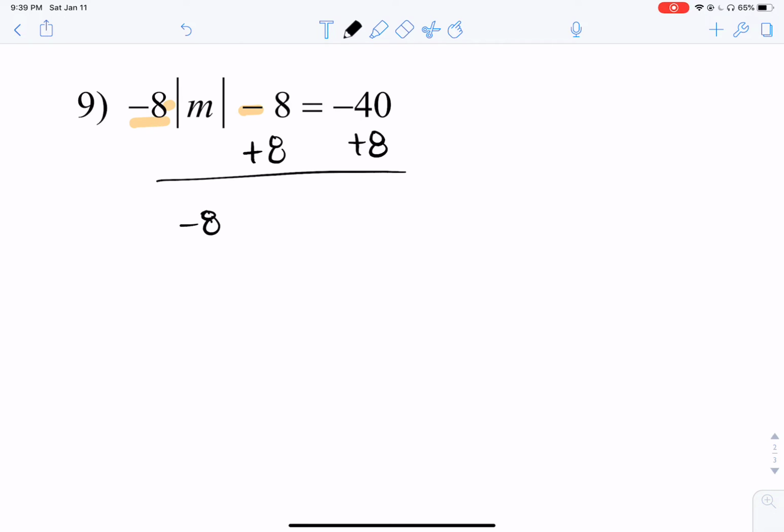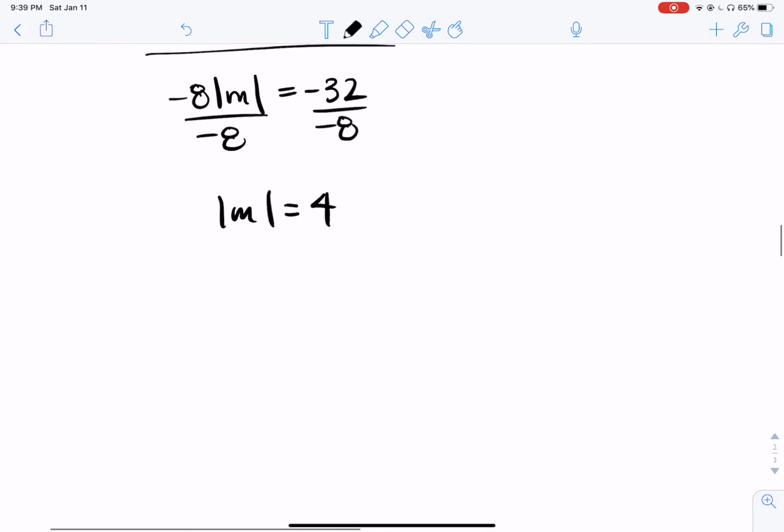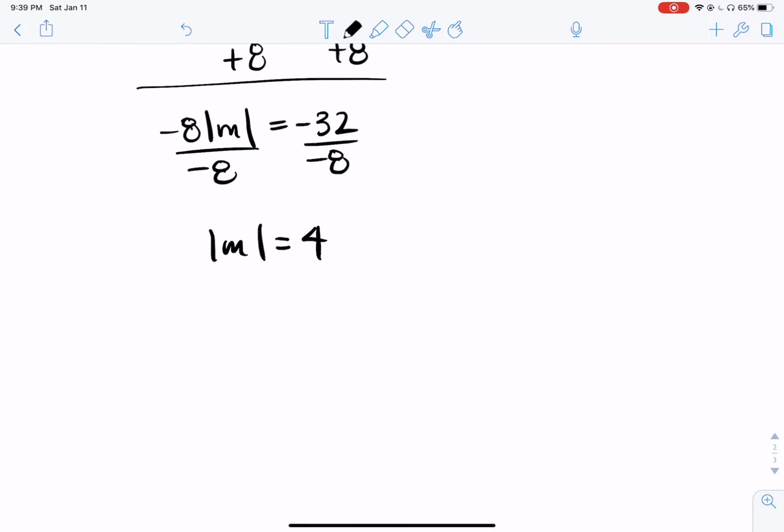So -8 multiplied by the absolute value of m is equal to -32. We're going to divide by -8, and the absolute value of m is equal to +4. Okay, so now since the absolute value of m is equal to 4, that implies that m has to be either positive or -4.